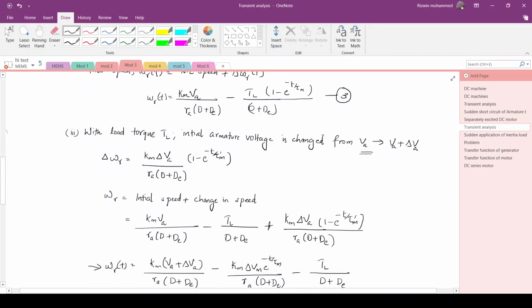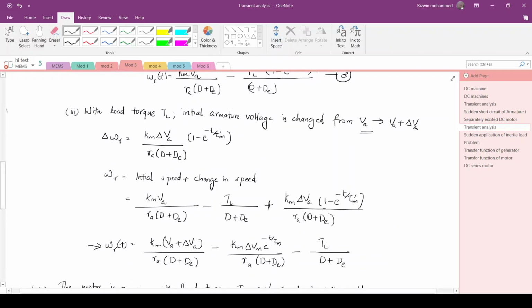Okay. Now the third case is that initially there is a load torque and the applied voltage is VA. Now I am changing the voltage from VA to VA plus delta V. So when you go back to equation number 1, the transient condition will be due to the first term and there won't be any impact due to the second term.